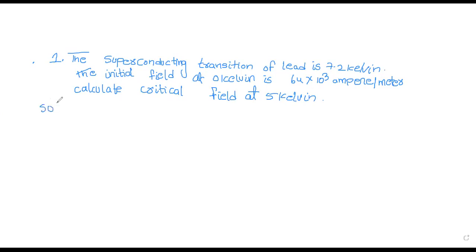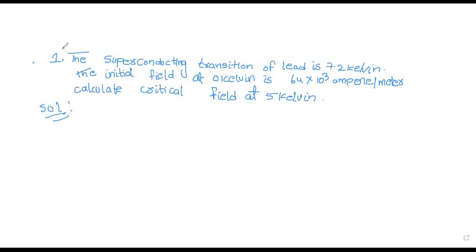So what is given in this? First of all, you need to read the question again. The superconducting transition temperature of lead is found to be 7.2 Kelvin. The initial magnetic critical field at 0 Kelvin is 64 into 10 to the power of 3 ampere per meter. You are asked to calculate the critical field at 5 Kelvin.